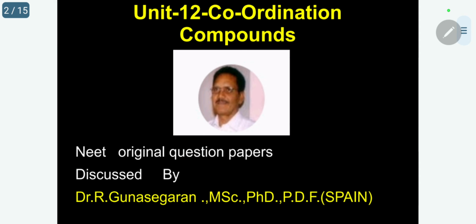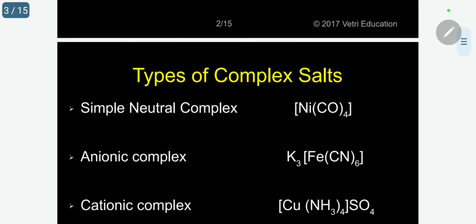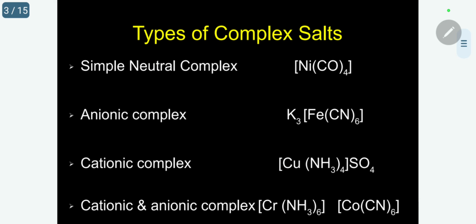When you come to the complex salts, I can further classify them into 4 types. Just see here. One is simple neutral complex. Within square bracket, everything will be there; outside square bracket, nothing. This is called simple neutral complex. Number 2, anionic complex.